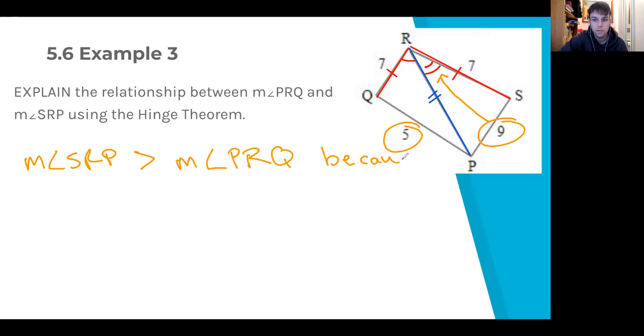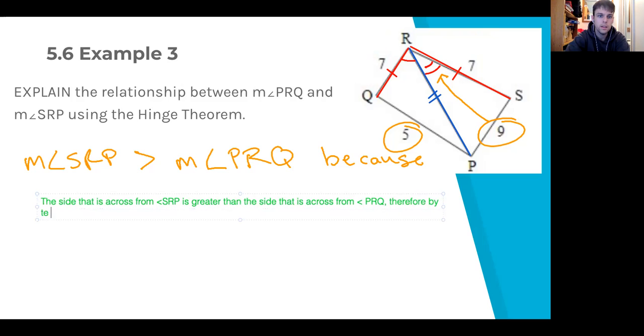Because, I'm going to go ahead and go to the typing, because the side that is across from angle SRP is greater than the side that is across from angle PRQ.